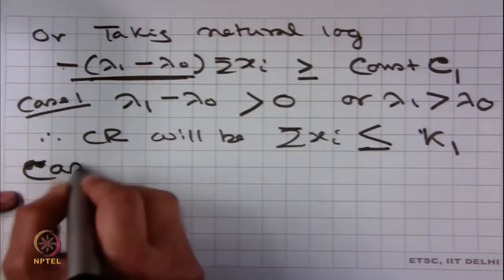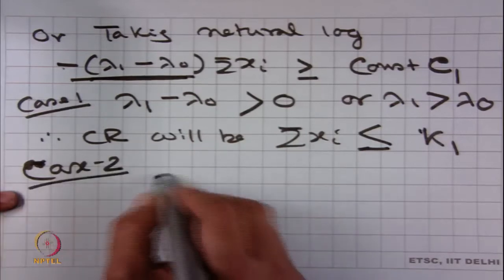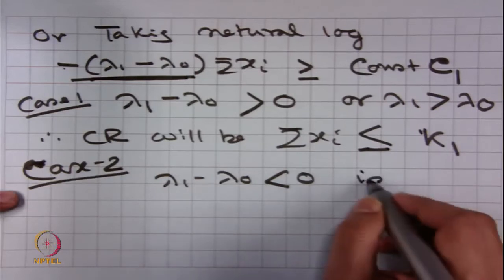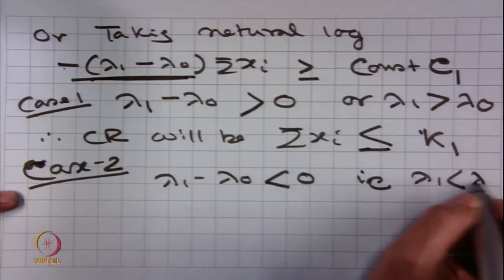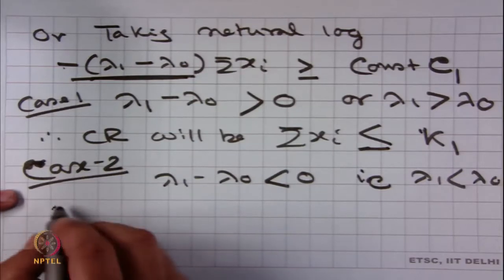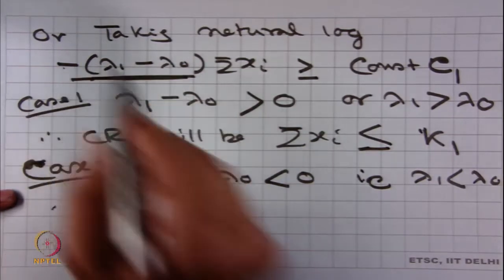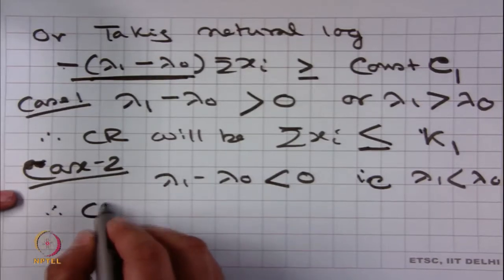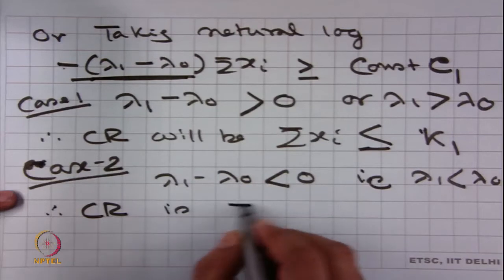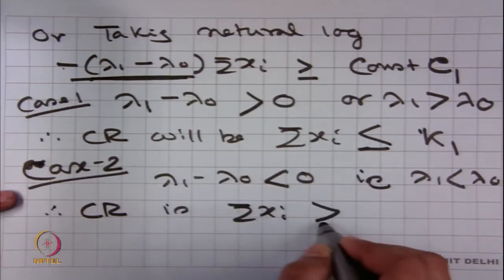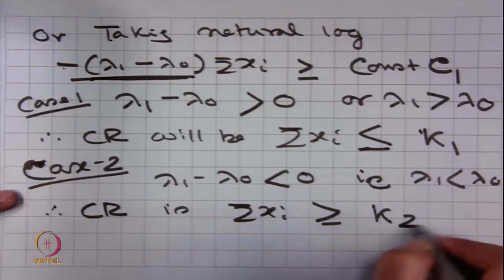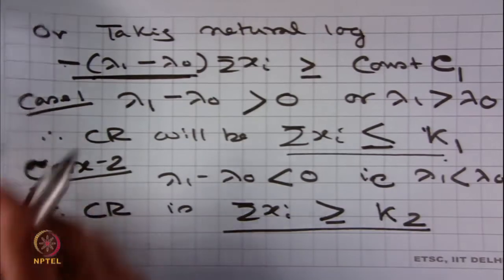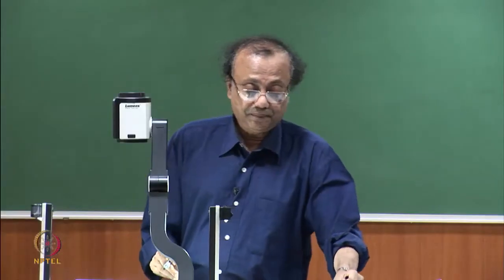And case 2, lambda 1 minus lambda 0 is less than 0, that is lambda 1 is less than lambda 0. In that case, this is going to be positive, therefore, the critical region is going to be sigma xi is greater than or equal to some constant k 2. Up to this we have done in the last class.